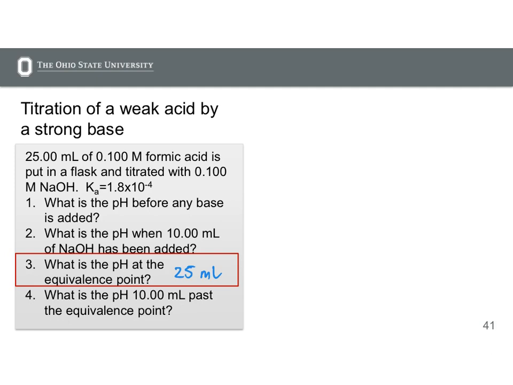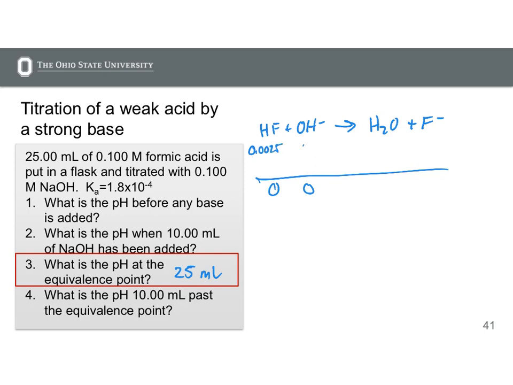You can set up a reaction table, HF plus OH minus, forming H2O and F minus. You should find that you end up with zeros on your reactant side, right? So anything that you started with, moles of HF, that was 0.0025.